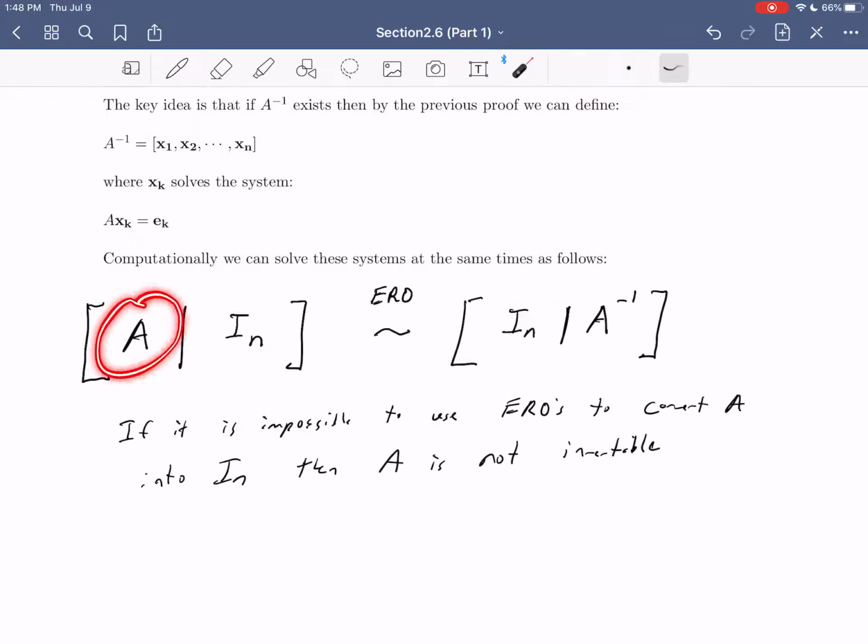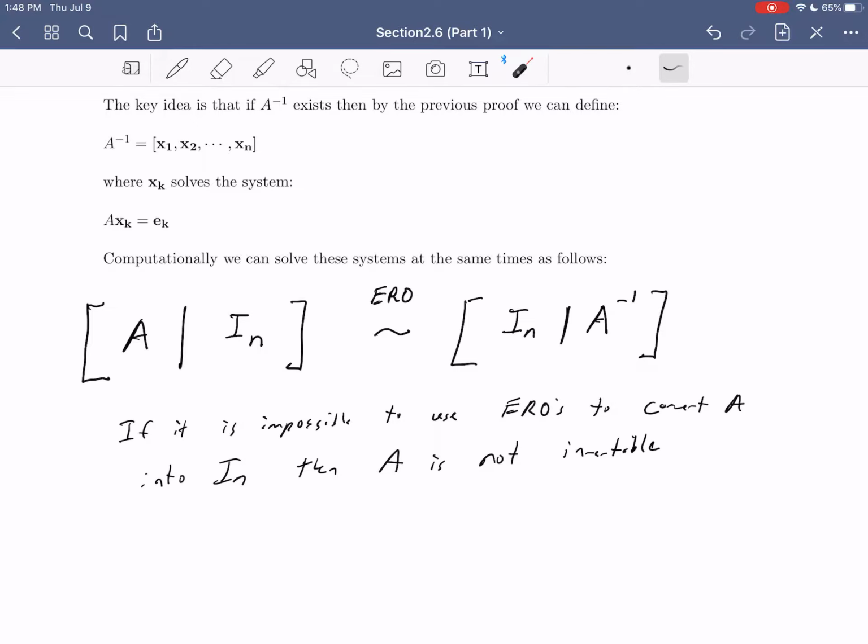Well, if you can't bring A to the identity matrix using elementary row operations, that must mean that along the way you must get a 0 row. And as soon as you get a 0 row, the rank won't be full, and that means it's non-invertible. So computationally, as we'll see in the next couple of examples, the big trick here is to augment your matrix with the identity, manipulate the left-hand side into the identity, and what you get on the right-hand side will be your inverse.